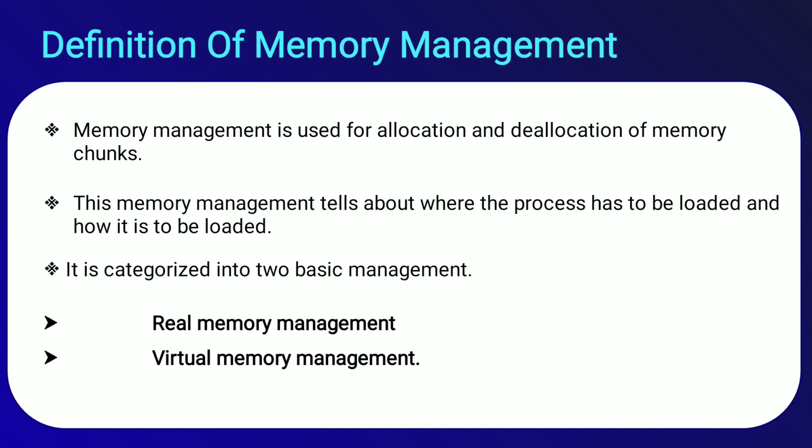Actually, the difference between real and virtual memory is that in real memory the entire process should reside inside the main memory when it is executed, whereas in virtual memory management, only a part of the process can reside inside the main memory.